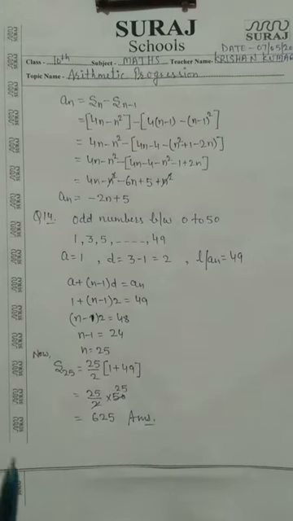We easily pick up the a and find the d, and n is already given here, 40. Direct we apply the Sn formula: Sn is equal to n upon 2 into 2a plus n minus 1 into d, and we calculate the sum of positive integers divisible by 6, and same as it is the 13th sum. Okay, student.